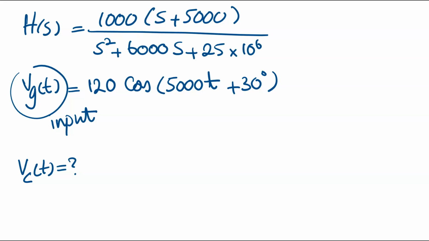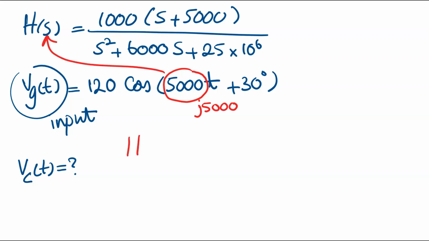What should I do? Let's follow those steps. The first step is that I need to use the frequency of my input, which is 5000, and plug j5000 into H(s). So I have to find H at j5000.